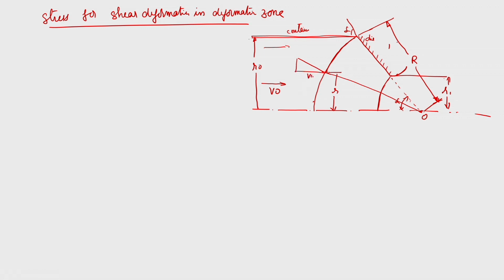So, this is your V 0, this is V 0 sin alpha, and this is V 0 cos alpha. So, this will be the diagram. One velocity discontinuity is taking place at this discontinuity surface, and at this surface, two discontinuity surfaces.